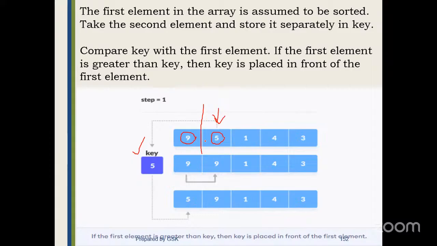Then compare the key value with the cell placed before it, 9. 9 is greater than 5, so that must be moved to the next position. Now this becomes empty because 9 is moved to this place. Now you can store the 5 from the variable key in the first cell. Now we have 5, 9. So this is the result from step 1: 5, 9, 1, 4, 3.